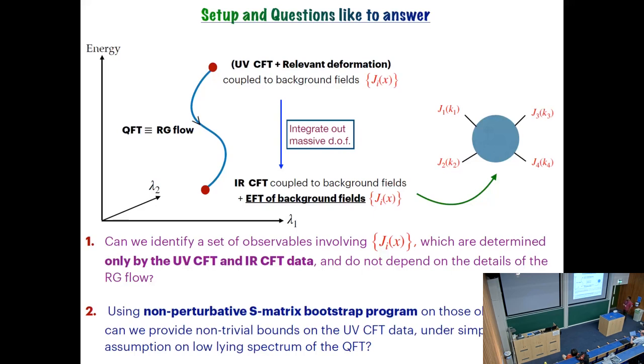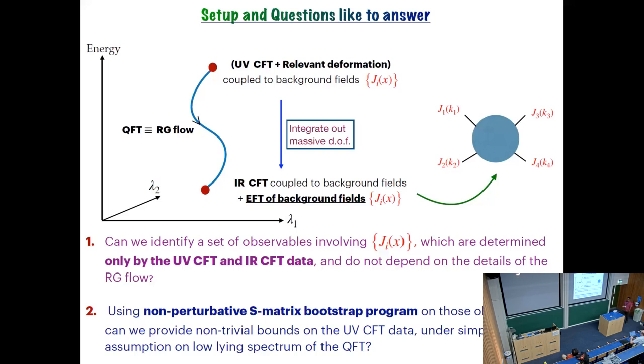So we deform by a relevant deformation, and we couple the system to a set of background fields. Then along the RG flow, we integrate out massive degrees of freedom, and we come to the IR fixed point, which is described by an IR CFT that may also couple to the background fields. Since we integrated out some massive degrees of freedom, there will also be an effective field theory in terms of the background fields.